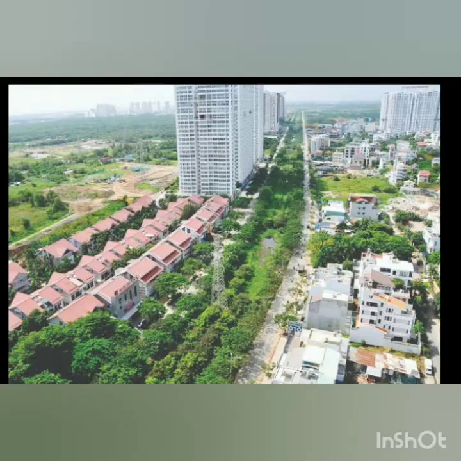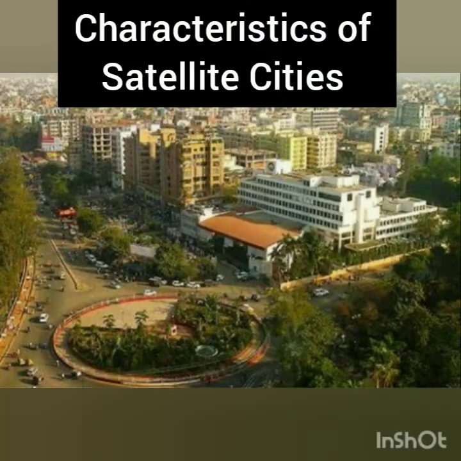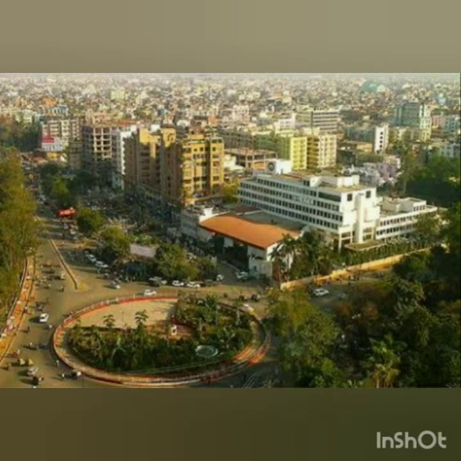Satellite cities are planned, funded, and developed by authorities such as state governments and the departments of urban planning. What are the characteristics of satellite cities? They are smaller than the metropolises they surround.